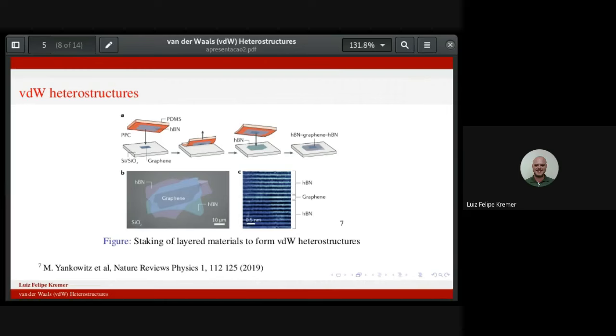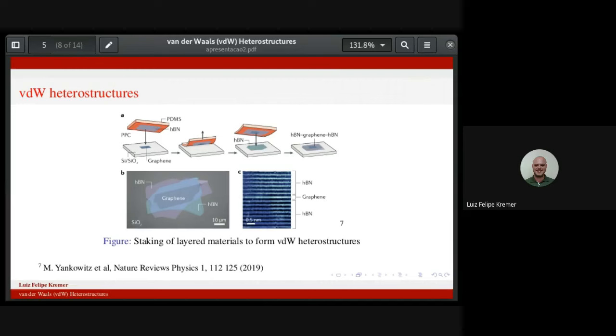Instead of growing the surfaces, we now can peel them off from one material and put it on top of another, and then, as we can see in the C part of the figure, we can have really well-defined layers with almost no defects, because you almost don't have defects when you do this transfer.